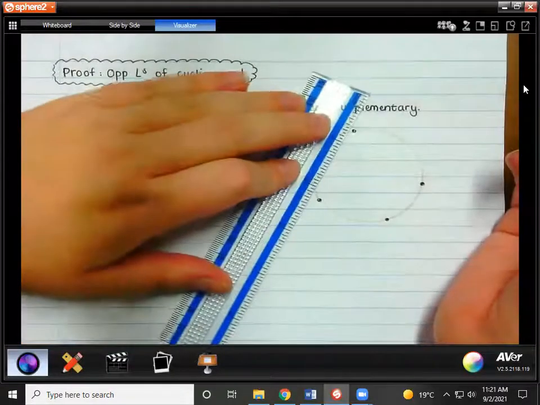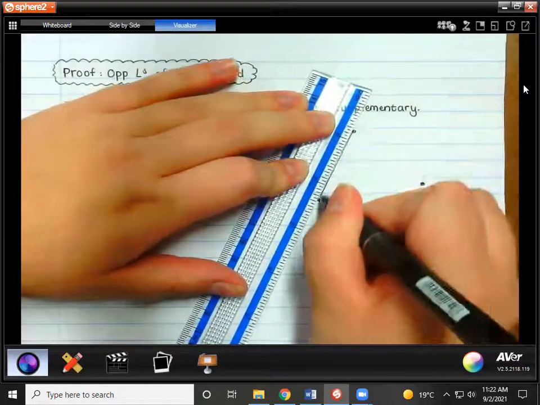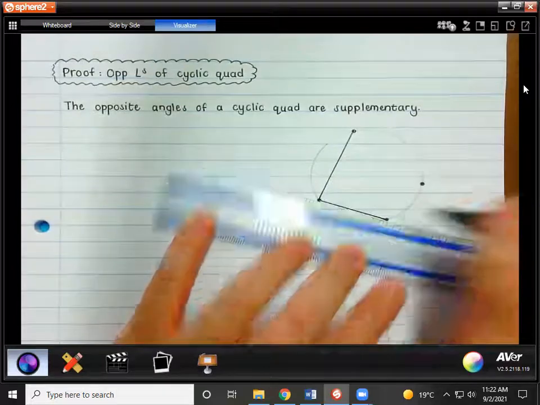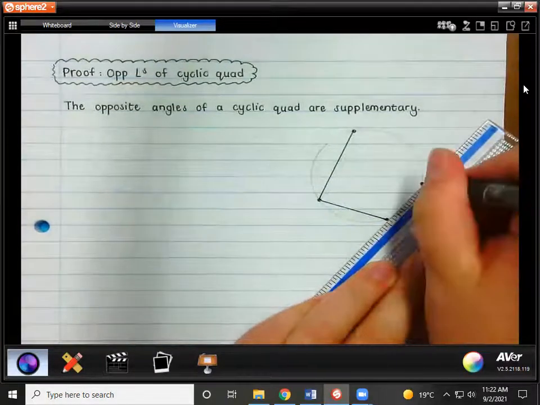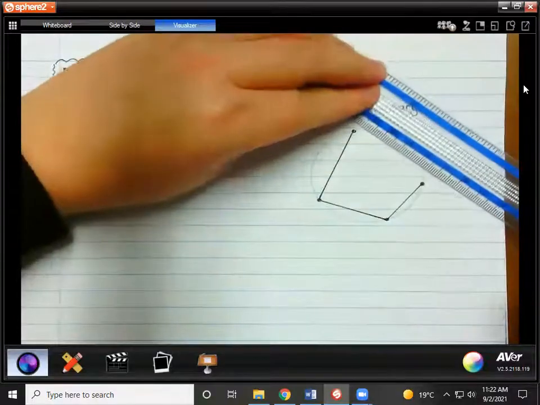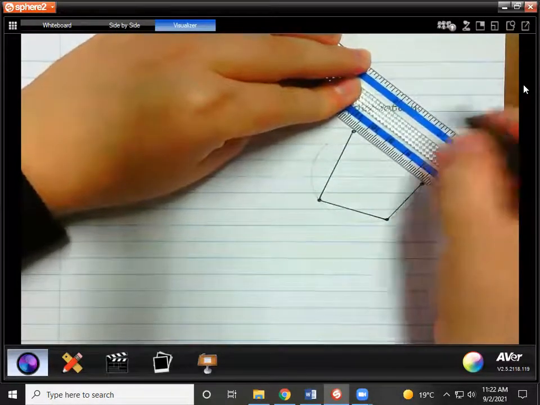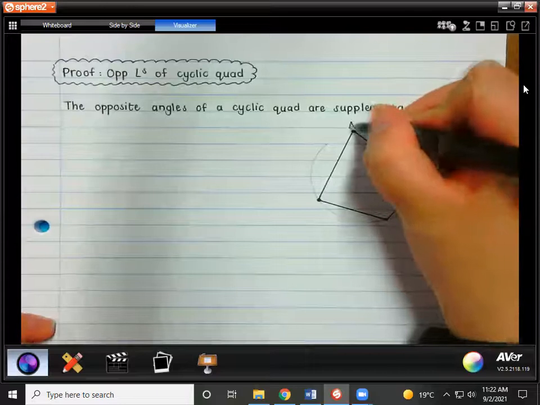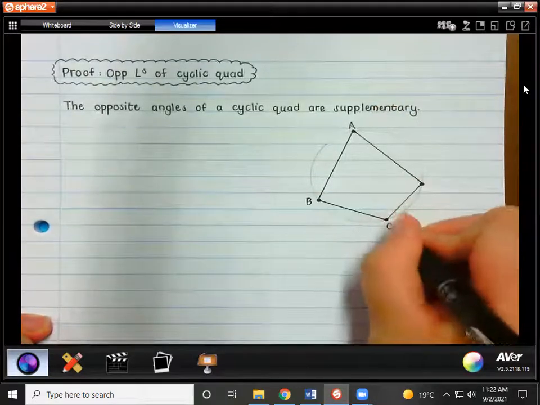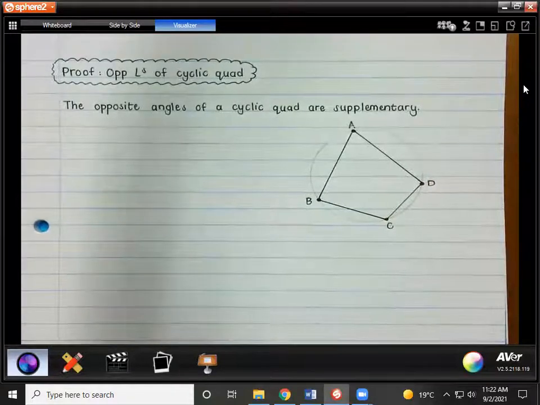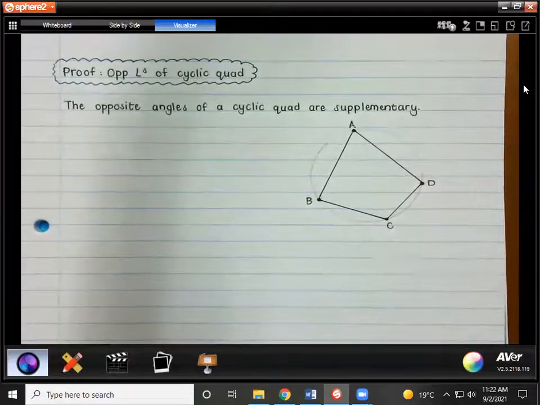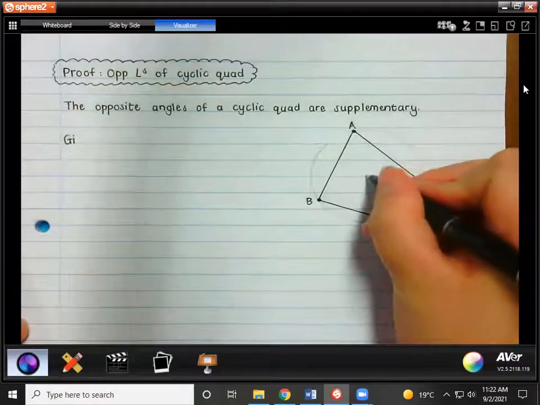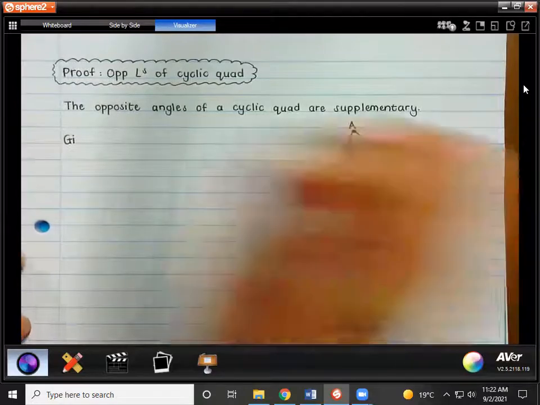We're making a cyclic quad basically, and we're just going to connect those points. Okay, that's all they're going to give you guys, a cyclic quad, right? So given, oh, and the center also, sorry, must just make an O there for the center.